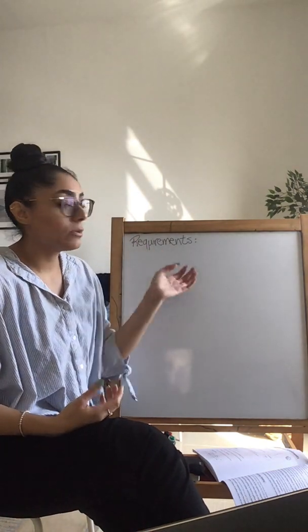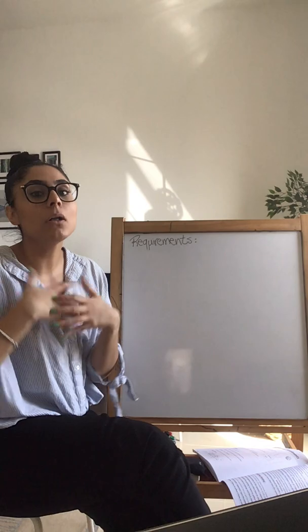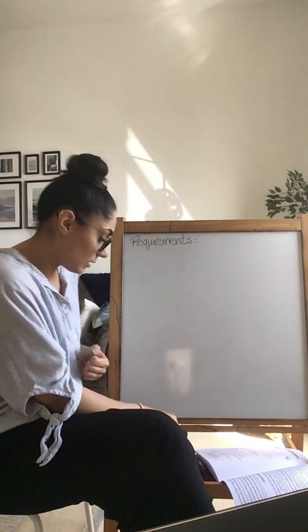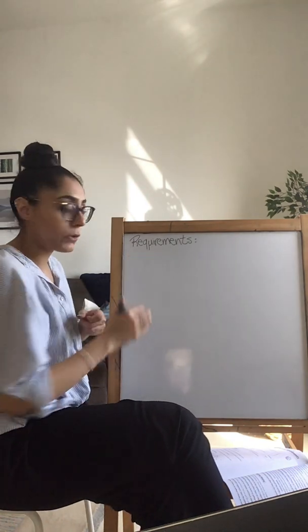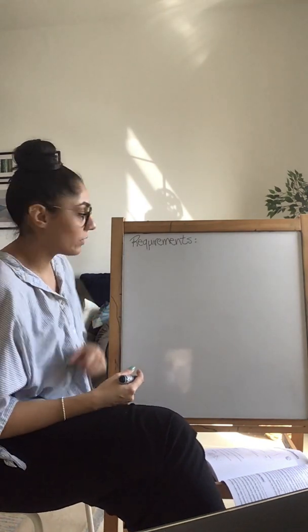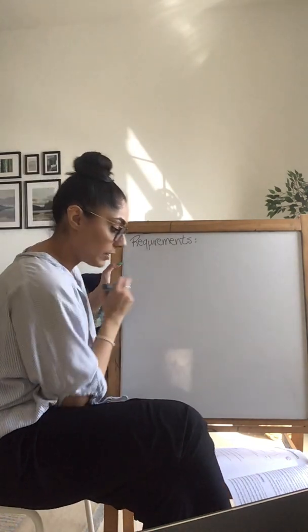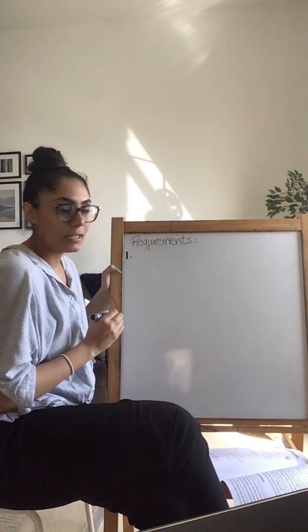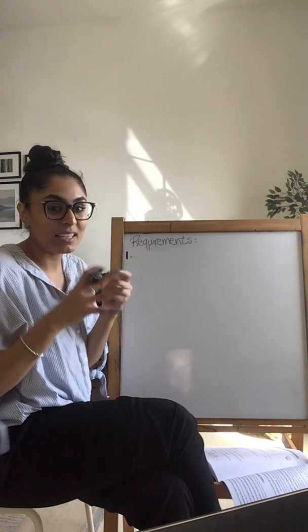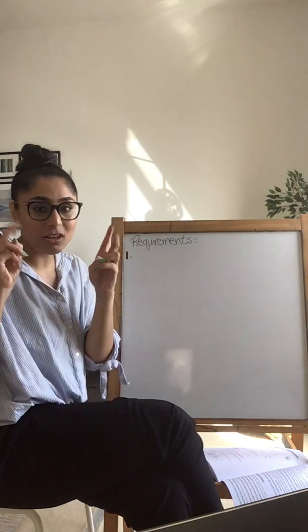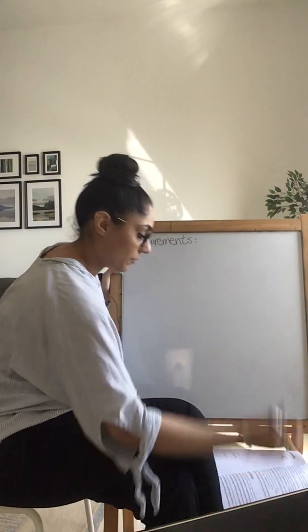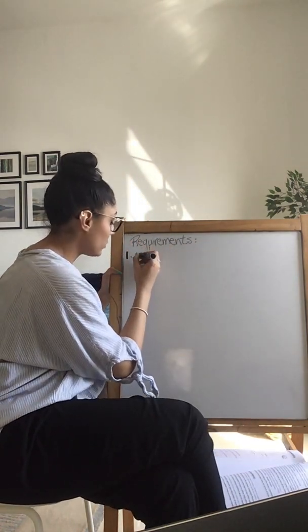What we need to get to, and this is where the puzzle part comes in, is multiple requirements to create one spinner, right? So let's see what that means.